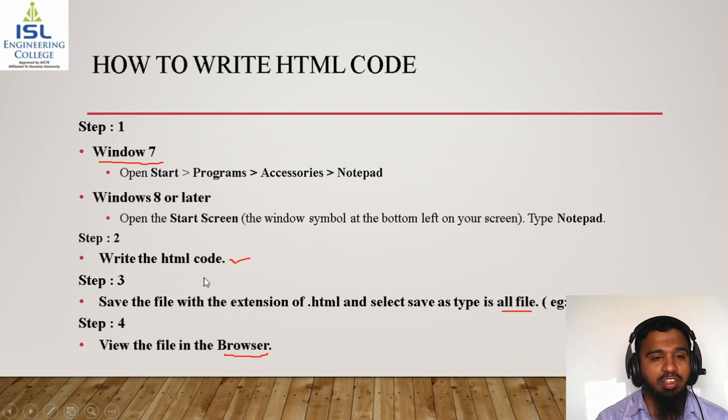Then after writing the HTML code you can save the file as .html and view the file in the browser. Why I showed you Notepad: whenever you install Windows 7 or Windows 8 or any Windows operating system, Notepad is available by default. When you install the operating system, Notepad is also installed on your computer.